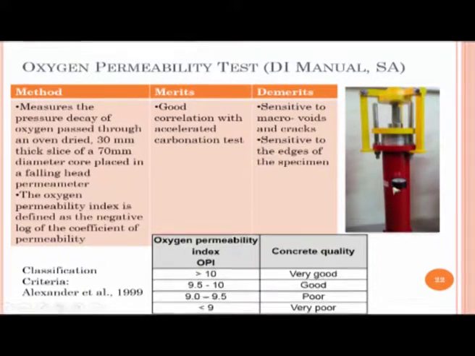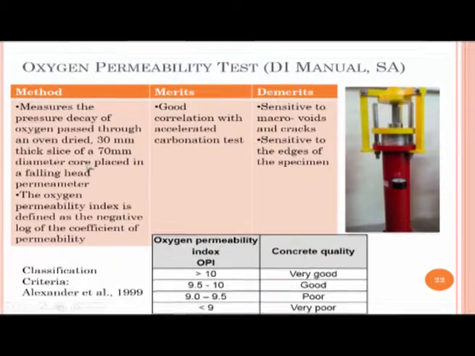You allow the oxygen that you fill up in the cell to pass through this concrete specimen. Over a period of 6 hours, you keep measuring on a timely basis what is the pressure inside the cell. So as the oxygen keeps penetrating through the concrete, the pressure inside the cell will keep reducing, and then you can apply this Hagen-Poiseuille equation to actually get your coefficient of permeability to oxygen.